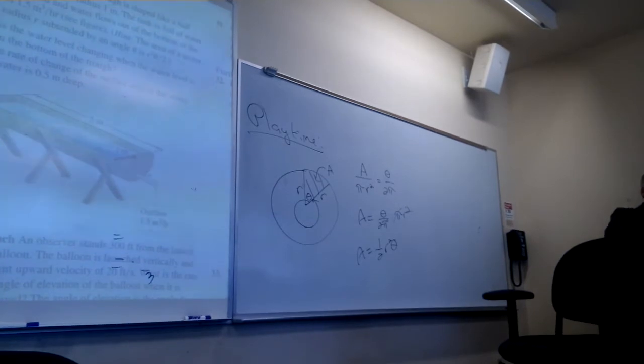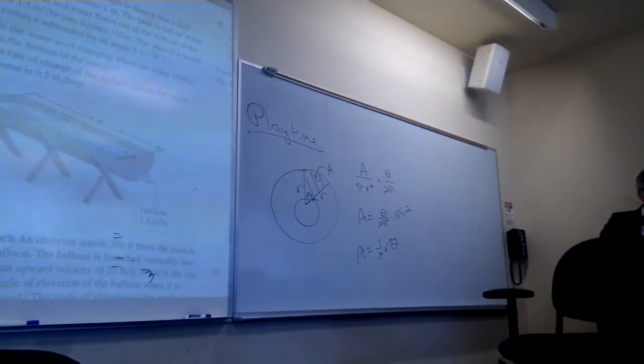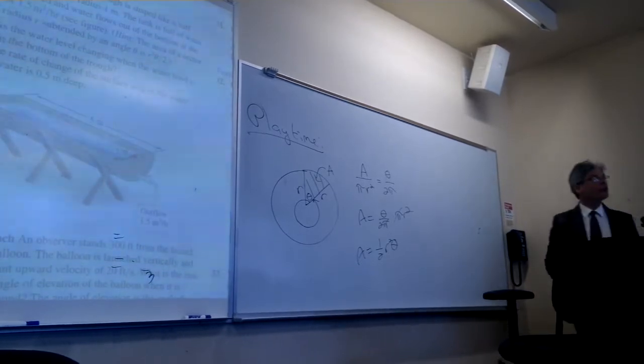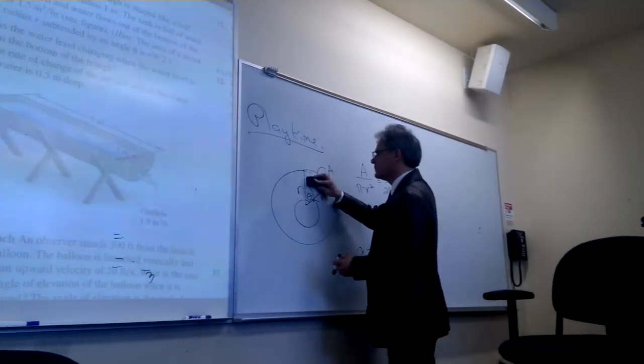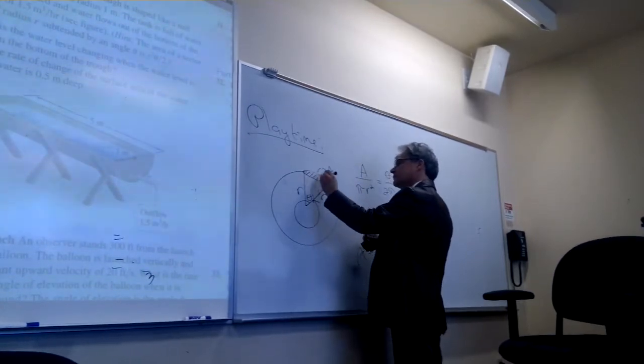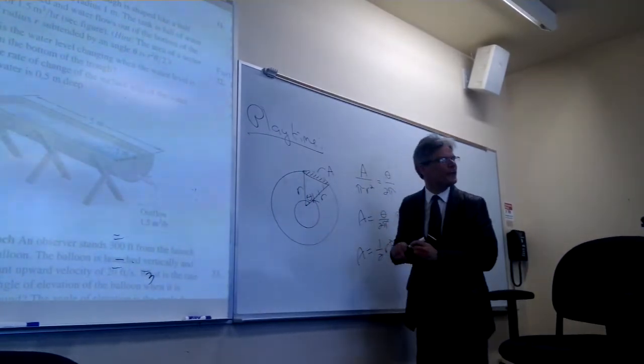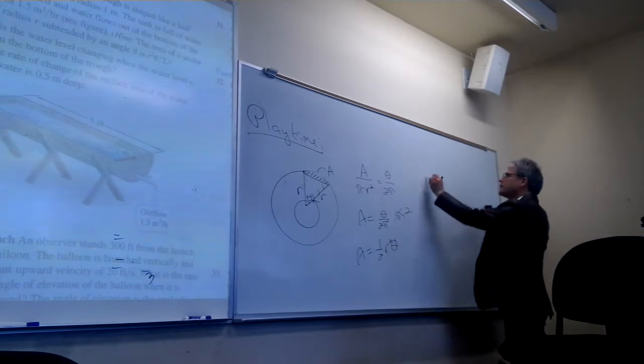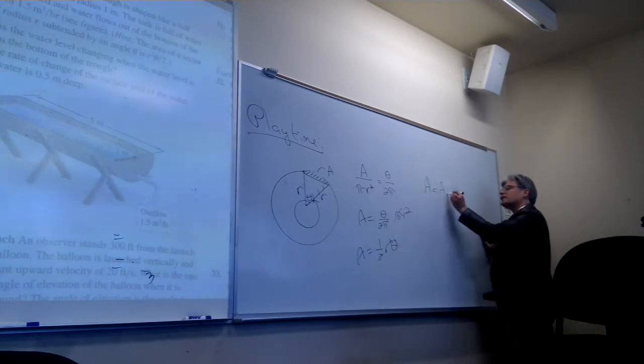What if the area you're trying to find isn't a slice of the pie, it's a segment along the bottom of the circle? You mean like this? That is so cool, because I think that area is going to be nothing more than the area of the circular sector minus the area of the triangle.